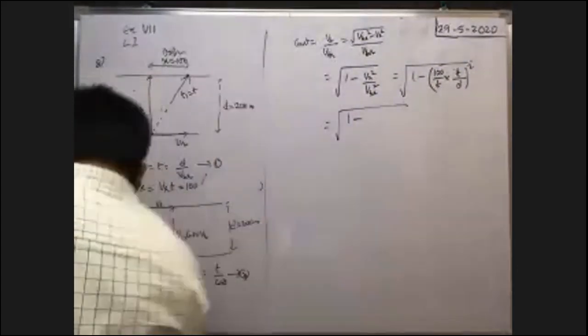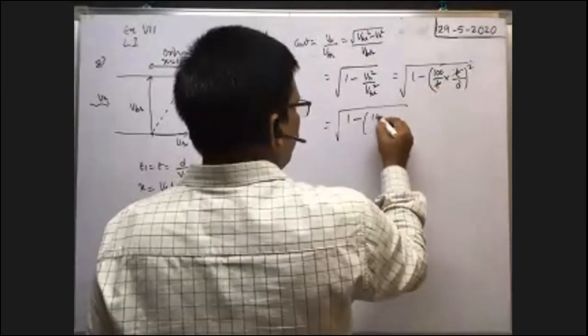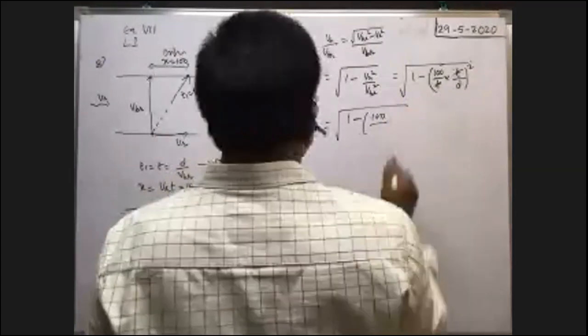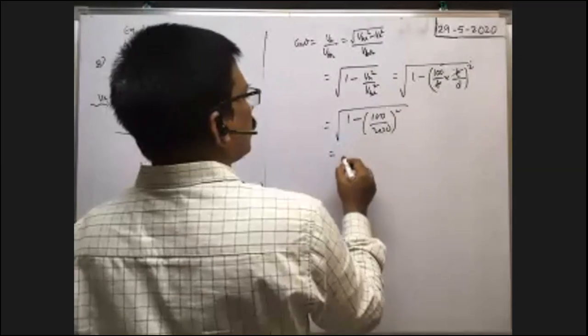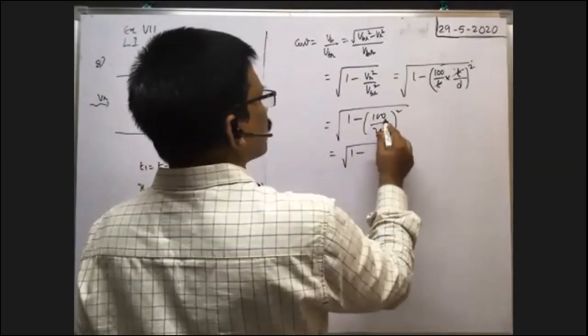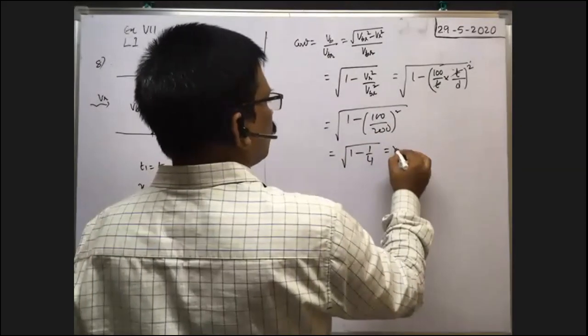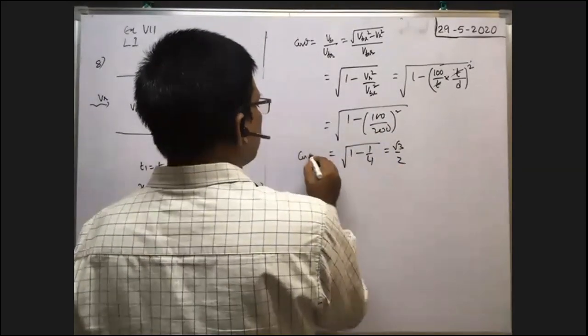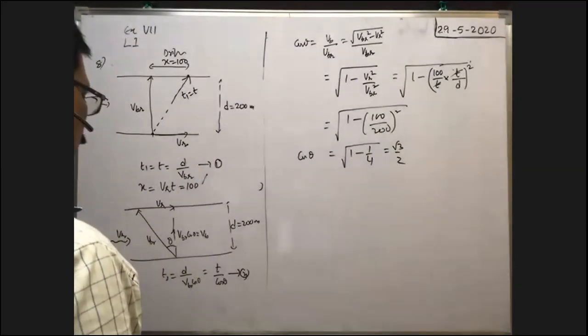Now t and t cancel. So 100 by d means 1 by 2, whole square. Therefore, this is equal to square root of 1 minus 1 by 4, which is root 3 by 2. Cos theta is equal to root 3 by 2.